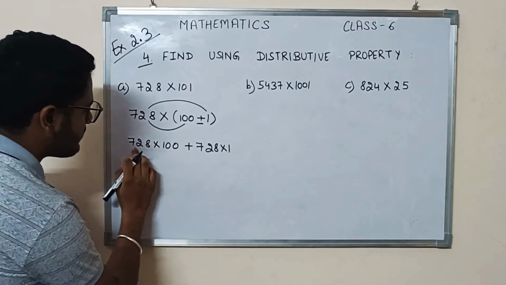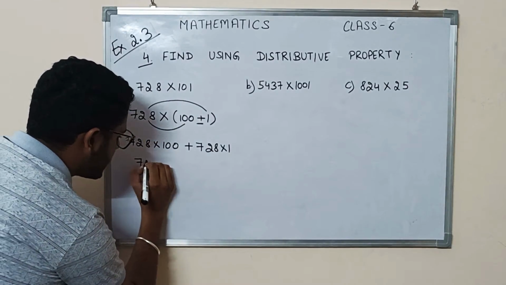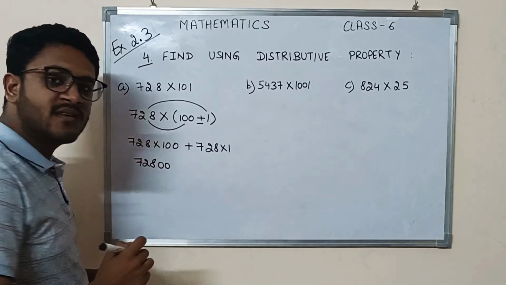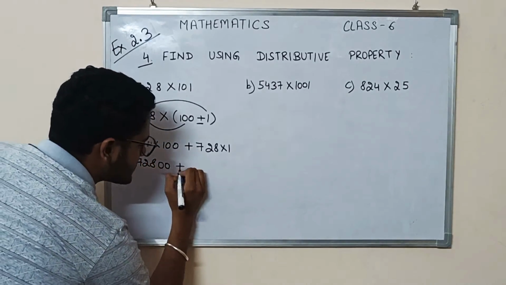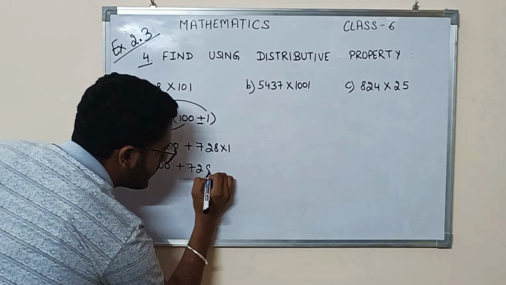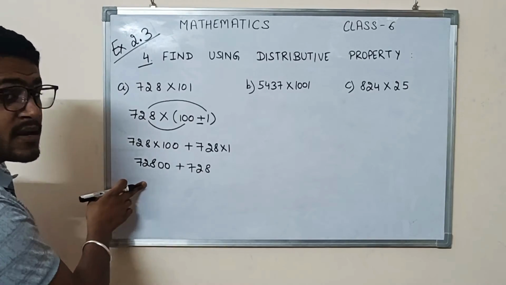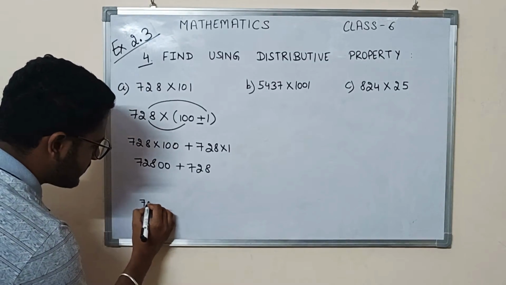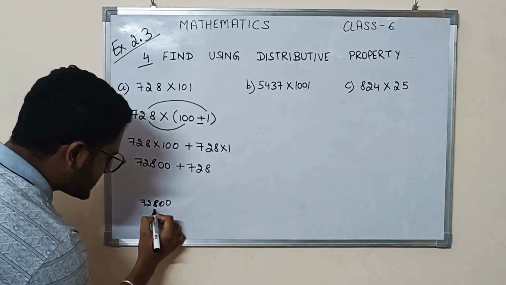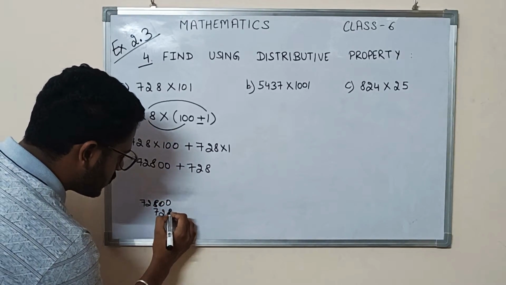Now what is 728 multiplied by 100? 728 followed by 2 zeros, plus 728 into 1 is nothing but 728. Now let's add them: 72800 plus 728.